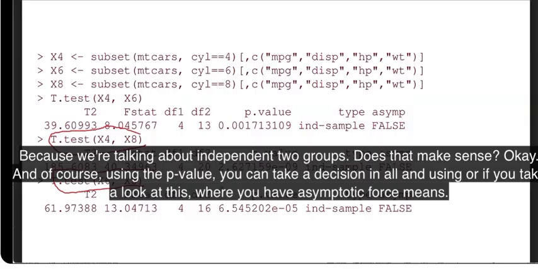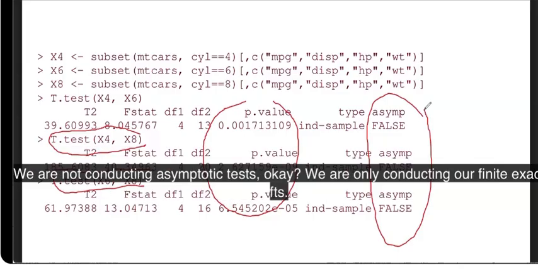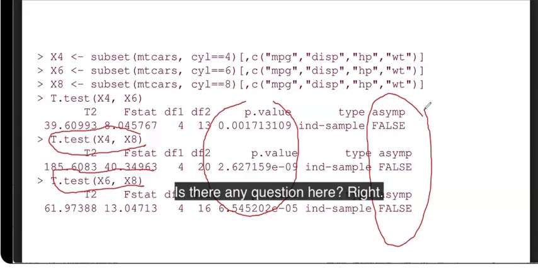And of course, using the p-value, you can take a decision in all. Where you have asymptotic false, it means we are not conducting asymptotic tests. We are only conducting finite exact F tests. Is there any question here? Go ahead.